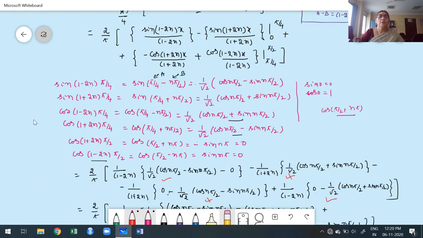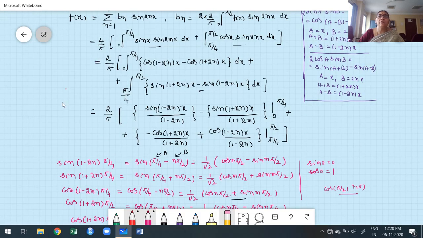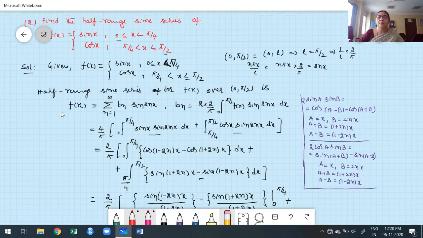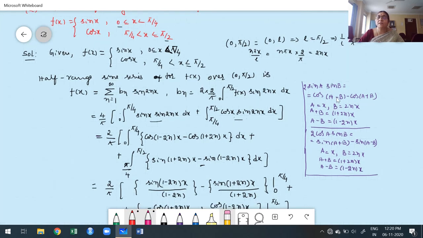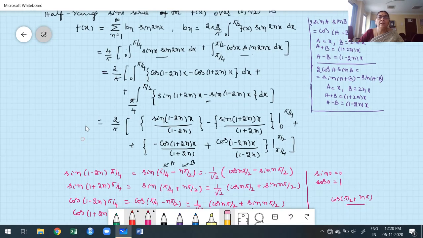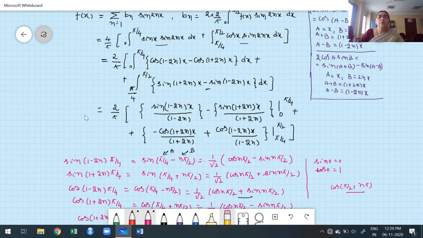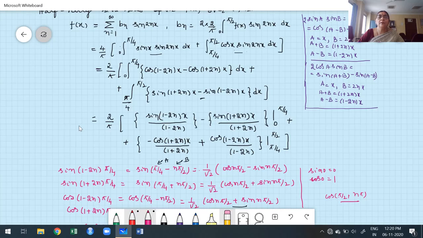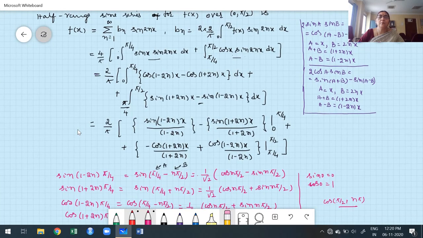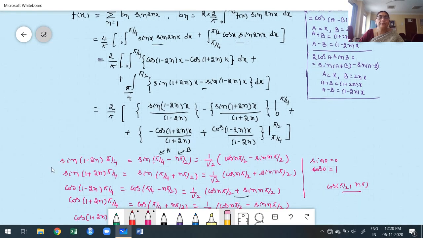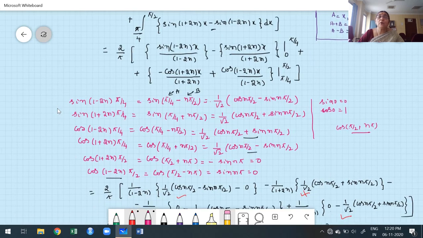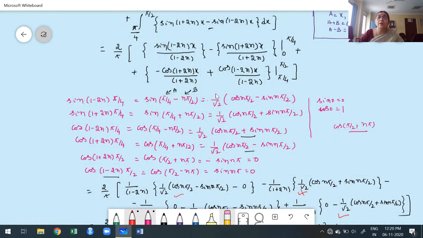Now here, once you apply, carefully apply your transformation formula. Better you write the general formula and then replace A and B. After that, you integrate carefully. Once you integrate, sine becomes cos, cos becomes sine. Before applying the limit directly, first find out the limit value, and then proceed.